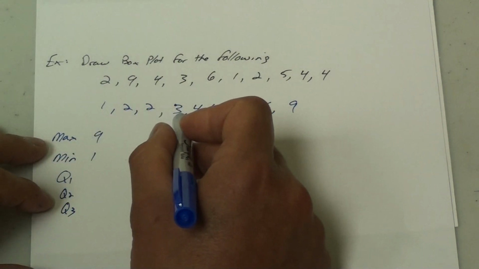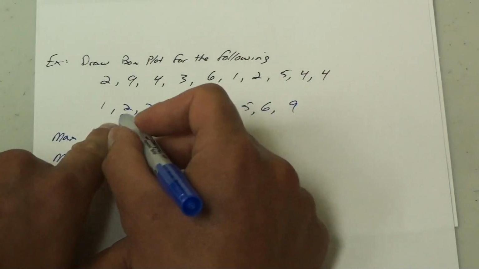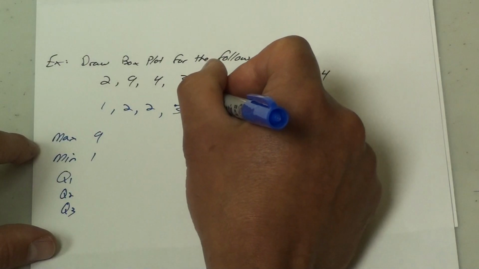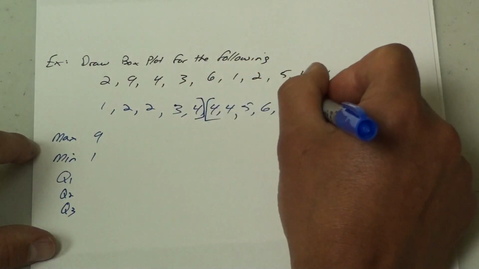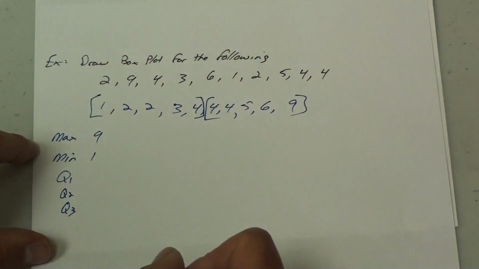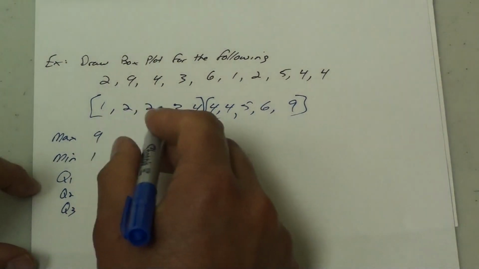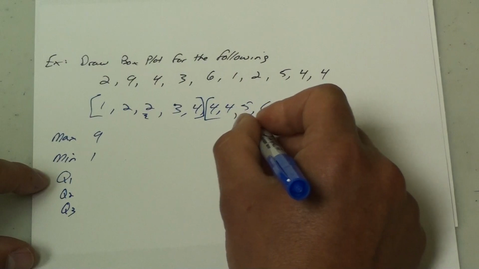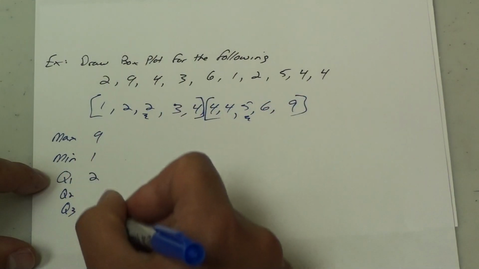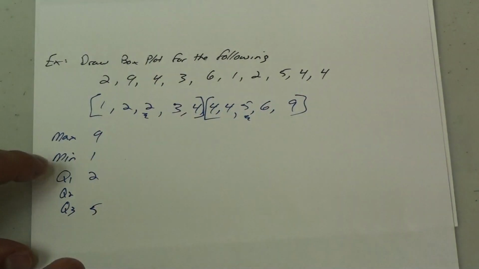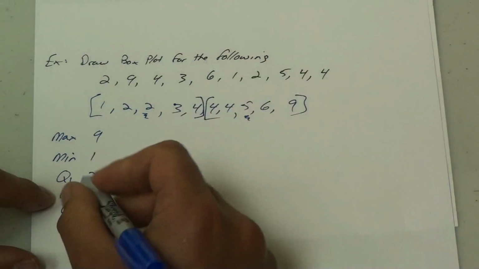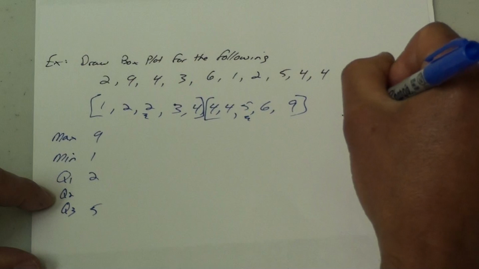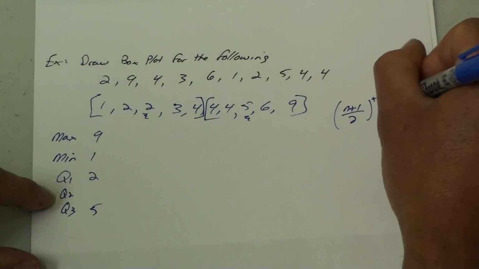How many pieces of data do I have? I have 10 pieces of data: 2, 4, 6, 8, 10. So that means I'm going to split it into 2 groups of 5. Within each group, I have my Q1 and my Q3, the middle of the middles, 2 and 5 respectively. For my middle term, my Q2, I can use the n plus 1 divided by 2 term to calculate it.